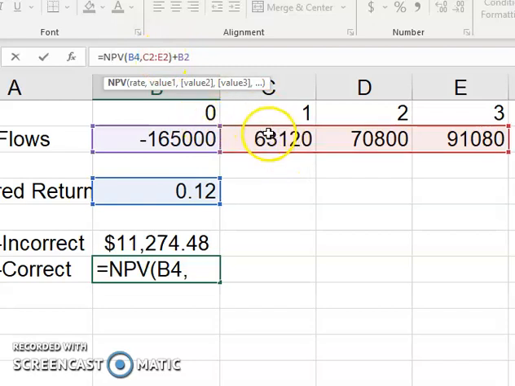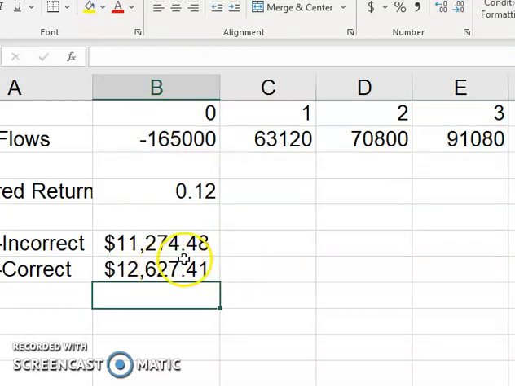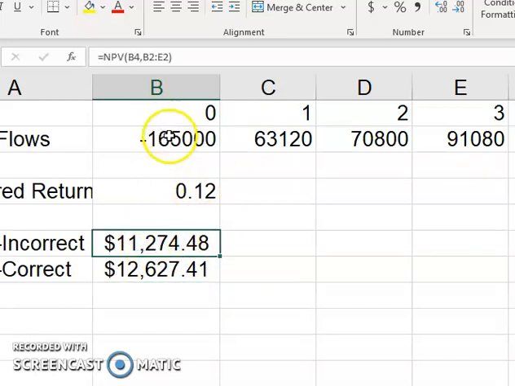So this is C2, D2, and E2, and then we add back this negative to get our net present value, which is $12,627.41. If you do it the incorrect way, what you're saying is that this $165,000 is occurring 1 year or 1 period in the future. That's why it's a mistake. All right, let's move on.